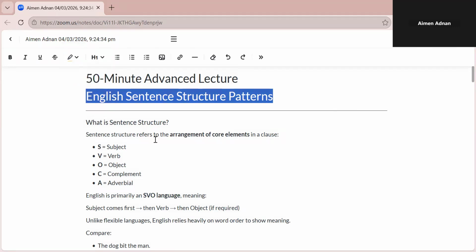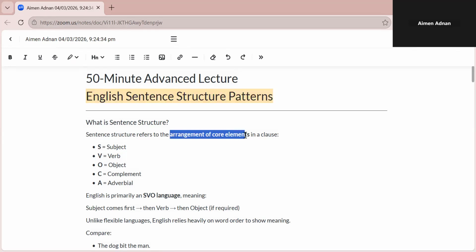If you look at the basic definition, sentence structure refers to the arrangement of core elements in a clause. The important aspect here is the core components of a structure, which you need to understand. The main core elements are subject, which is S, V, which is the verb, O, which is the object, C, which is the complement.